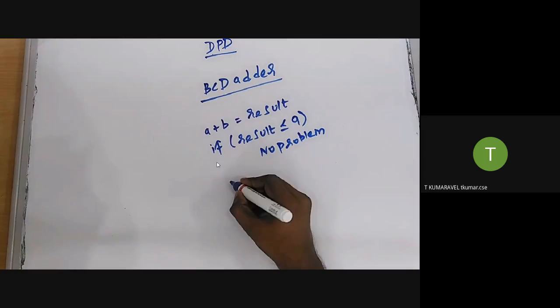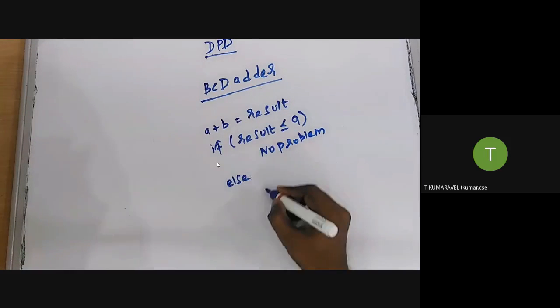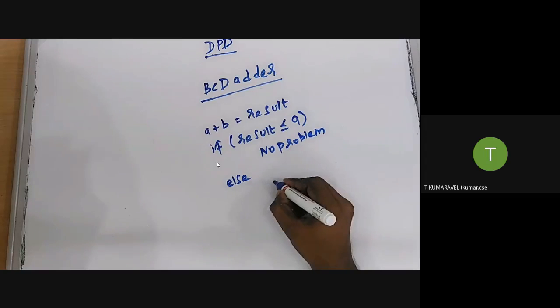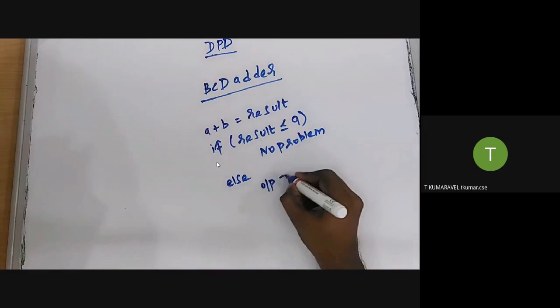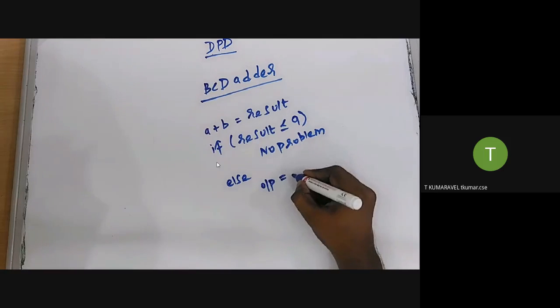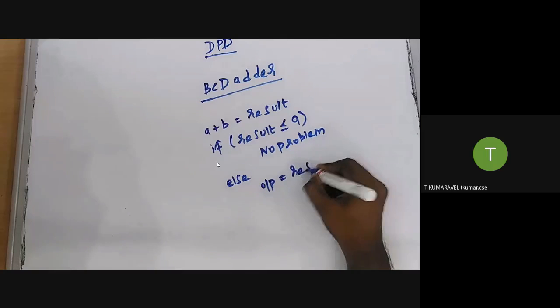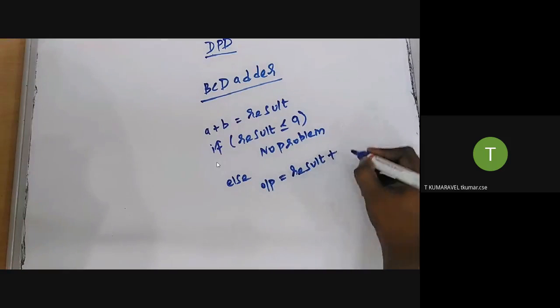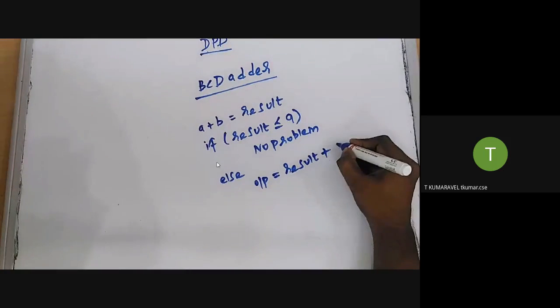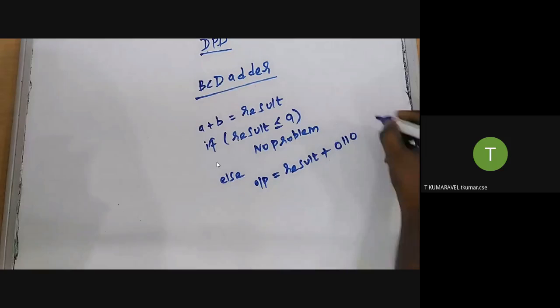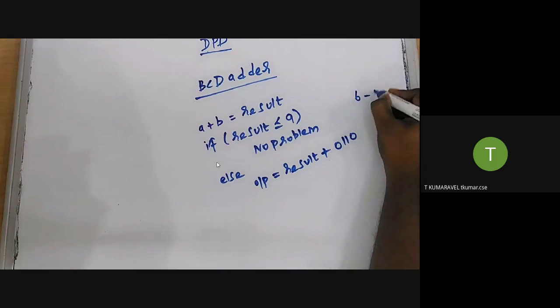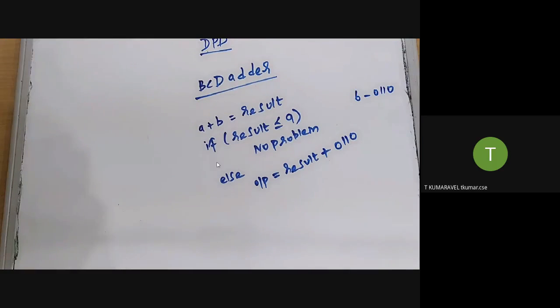When the resultant value is greater than or equal to 10, along with the result, you're going to add the correction bit. That correction bit value is nothing but 6. This is the binary representation of 6.